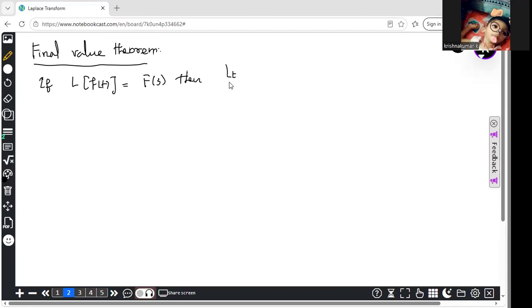As I told you earlier, for the final value theorem you have to take t tends to infinity, but in the initial value theorem this will be t tends to 0. So limit t tends to infinity of f of t is equal to limit s tends to 0 of s into f of s, but in the initial value theorem s tends to infinity. So the difference between the initial and final value theorem is only the limit.